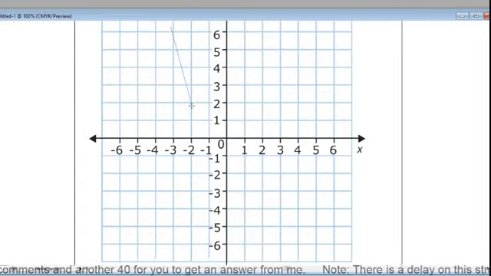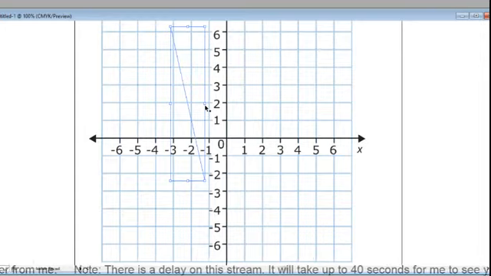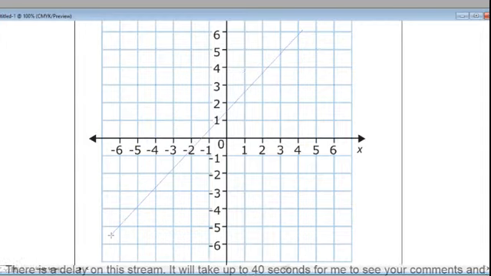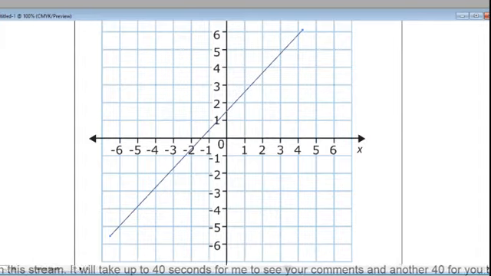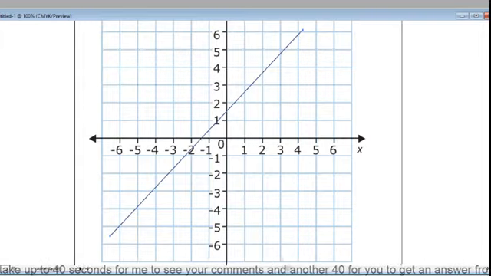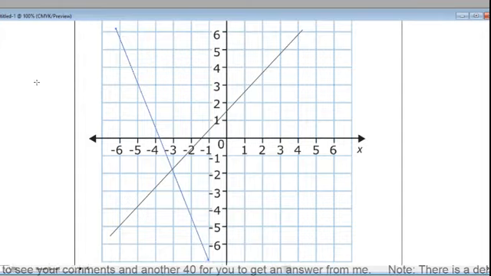Let's say that I have one function that looks like this, and another function that looks like this.